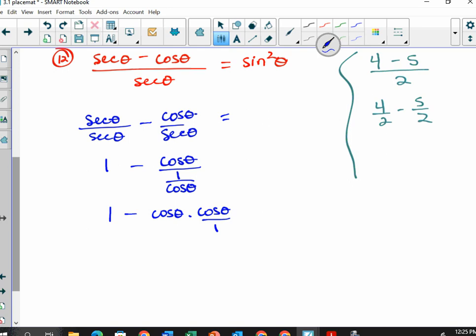Right, dividing by a fraction, you flip. There's a combination. Squared and then numeric, okay? Good now? Okay. Again, other ways you could do this one.